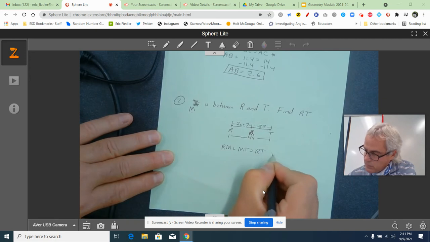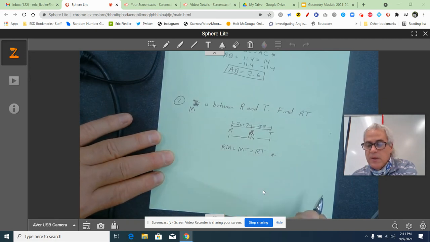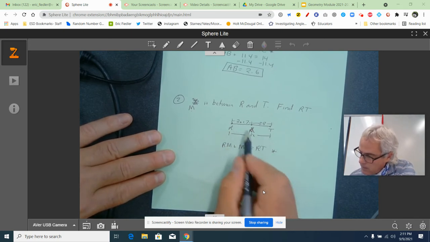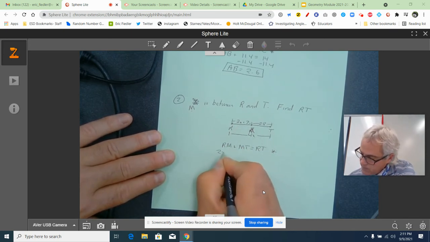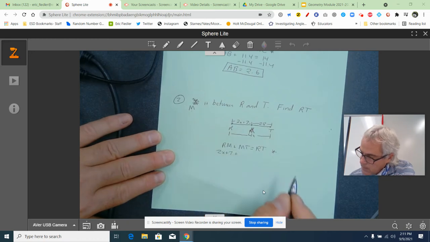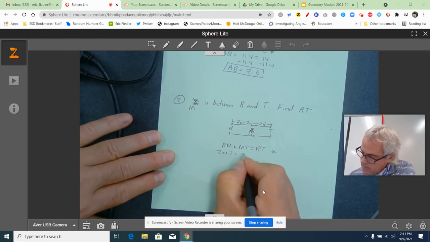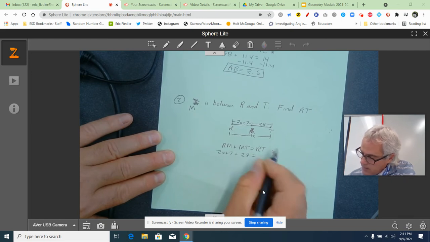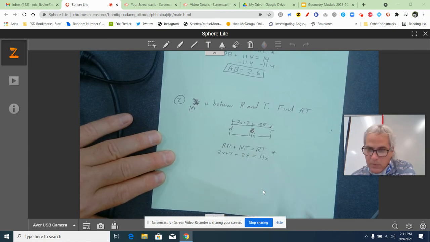Again, do that step first and then substitute in, and you may find yourself eventually skipping that step. RM is 2x plus 7. MT is 28. And RT, we know also to be 4x. You see that 4x down below? They said that's the whole thing.